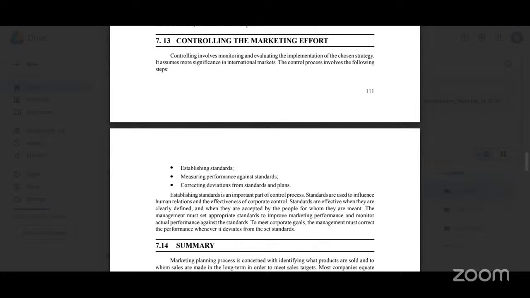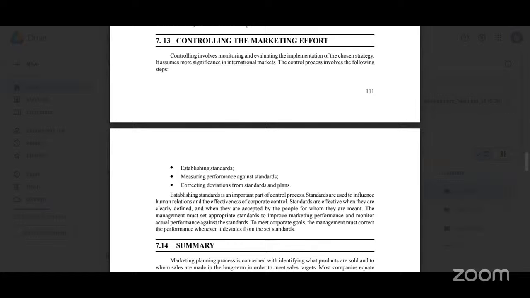So we have decided on a certain strategy, whether it is in terms of product line, product width, product mix, pricing, distribution processes, distribution channels, etc. How we are going to advertise our products and promote our products.